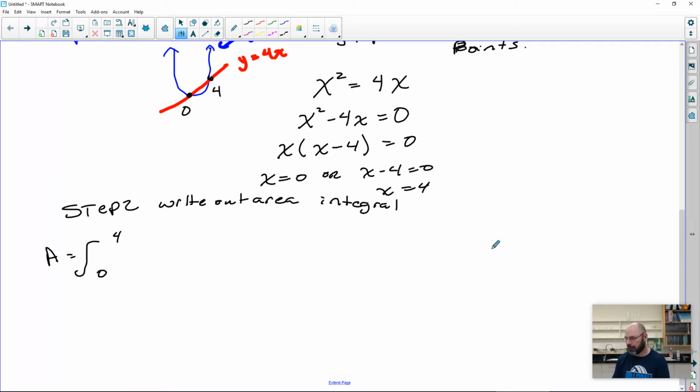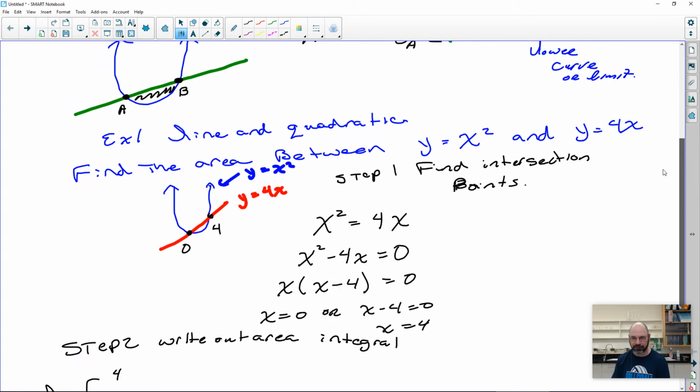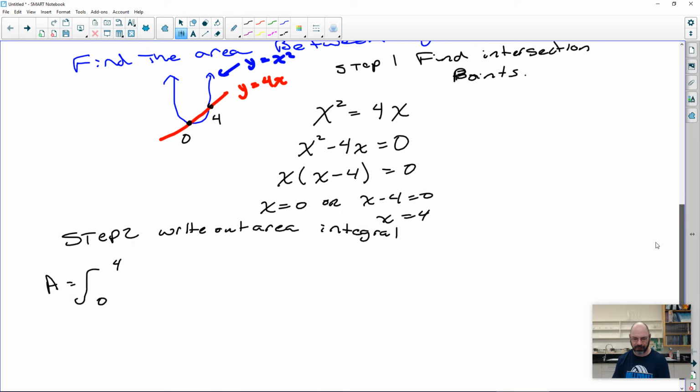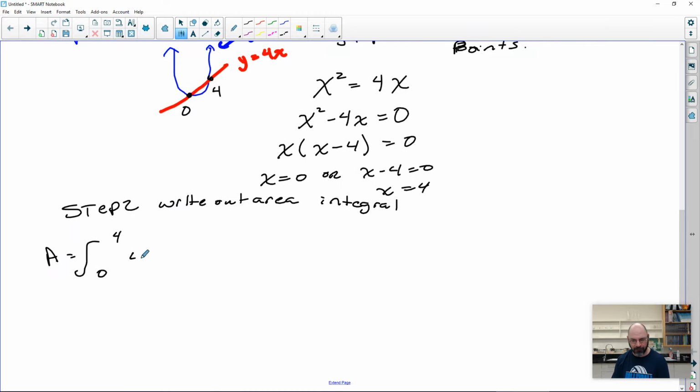If you look at our formula, y equals 4x is our top one, right? So we're going to say 4x minus x squared. So there's our integral that we have.